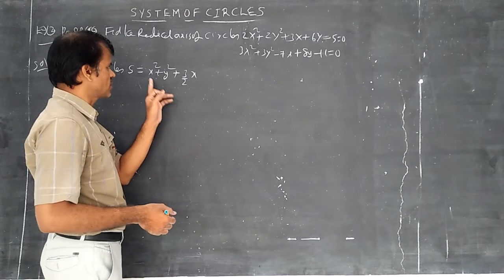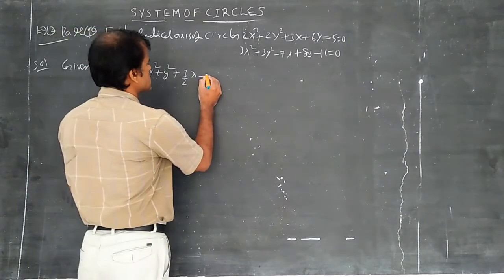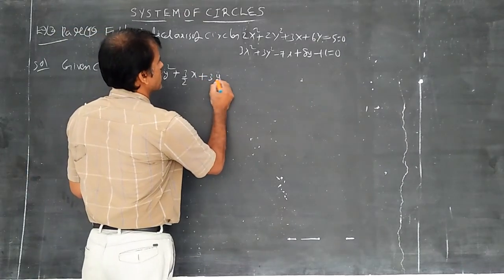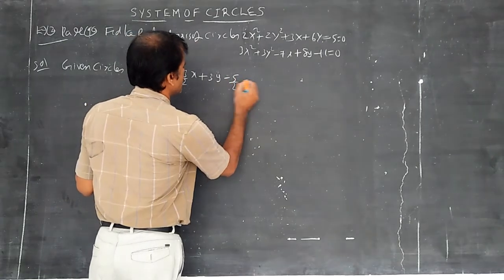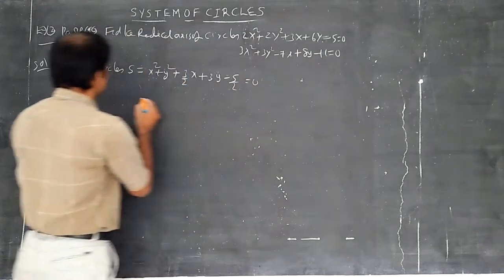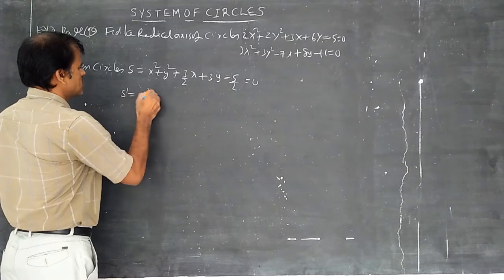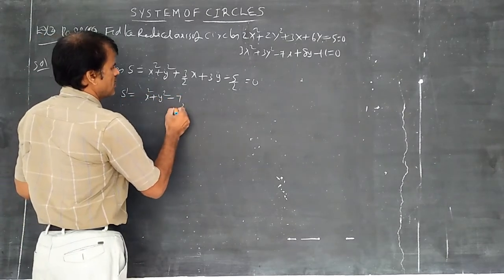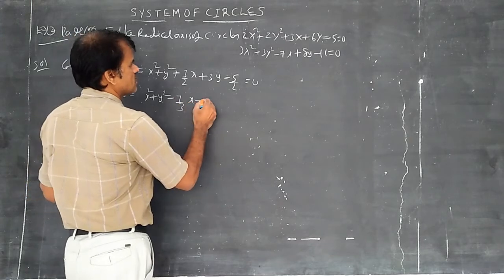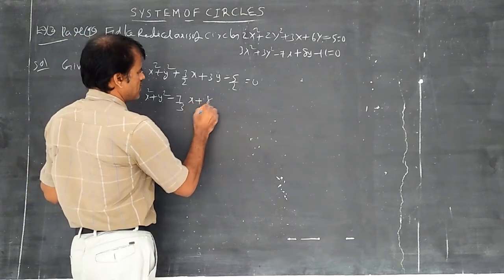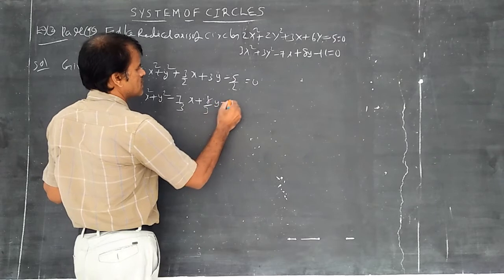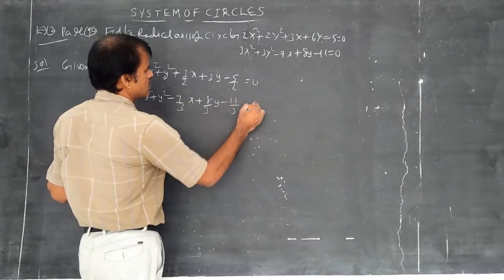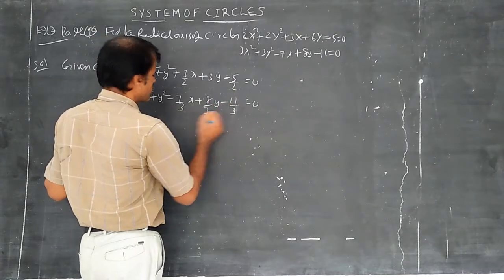Don't forget hereafter. S is x square plus y square plus 3 by 2 x plus 3 y minus 5 by 2 equal to 0, and S dash you write as x square plus y square minus 7 by 3 x plus 8 by 3 y minus 11 by 3 equal to 0.